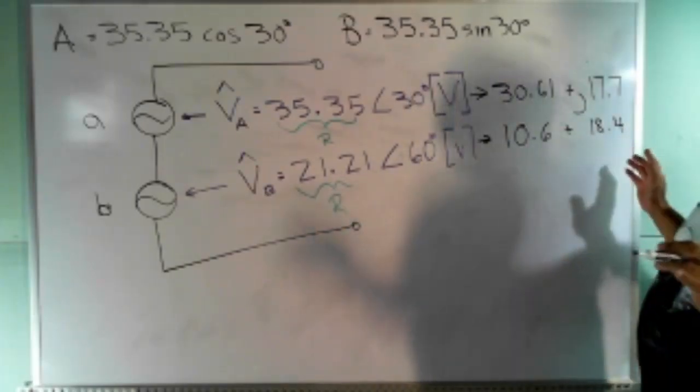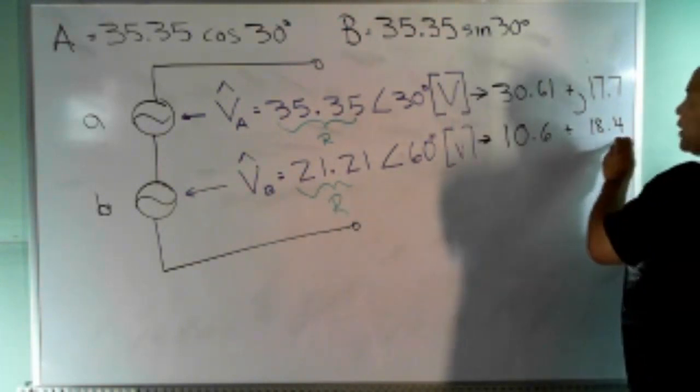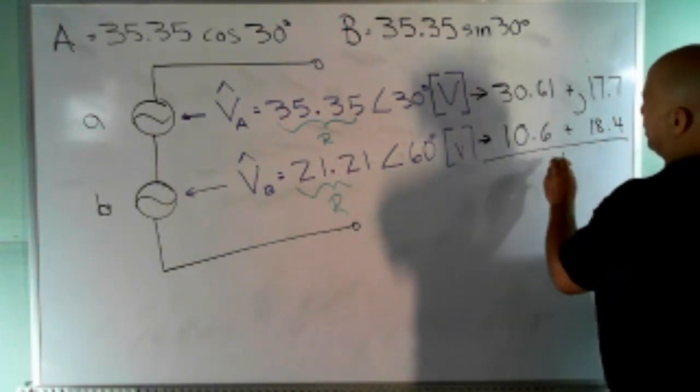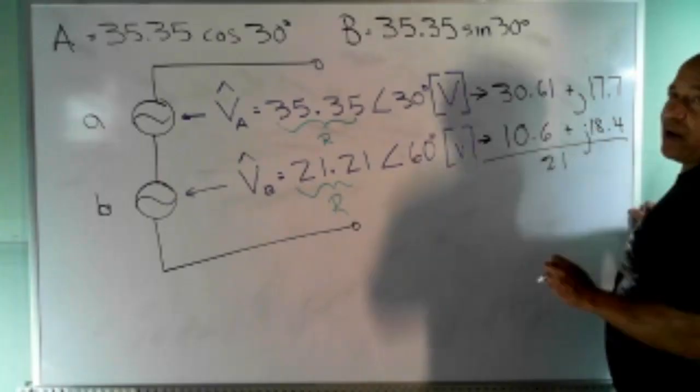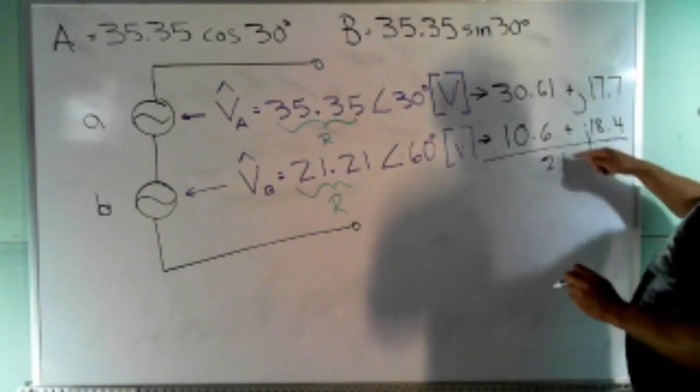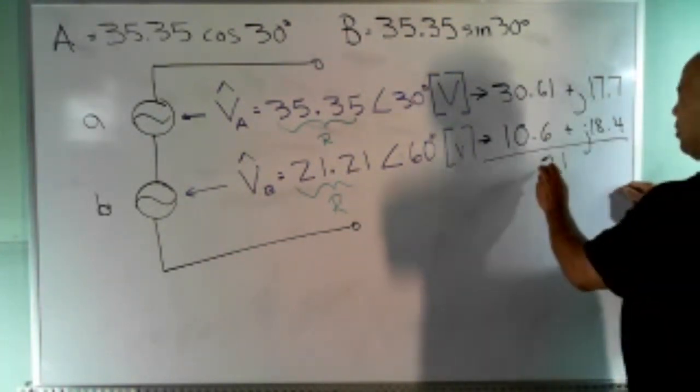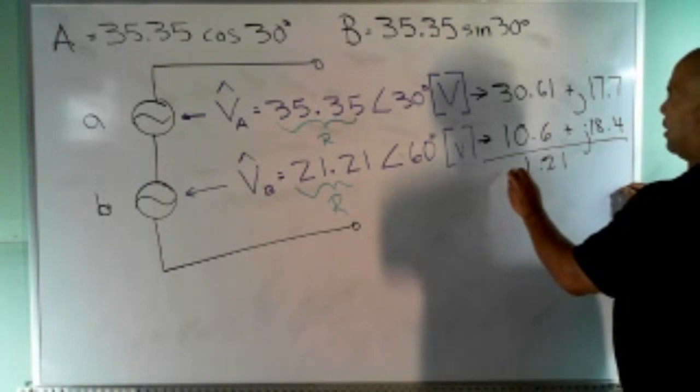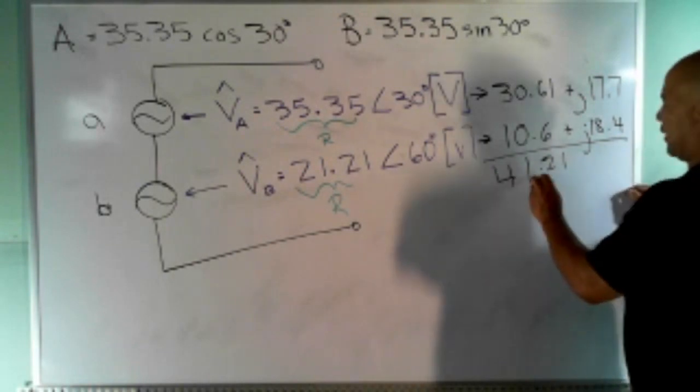Now, since we have it in rectangular form, we can add it. So let's add these up. Should there be a J in front of that 18? Yeah, thank you. It should be a J there. Okay, so I got a 2.1, 4. I think that's right.